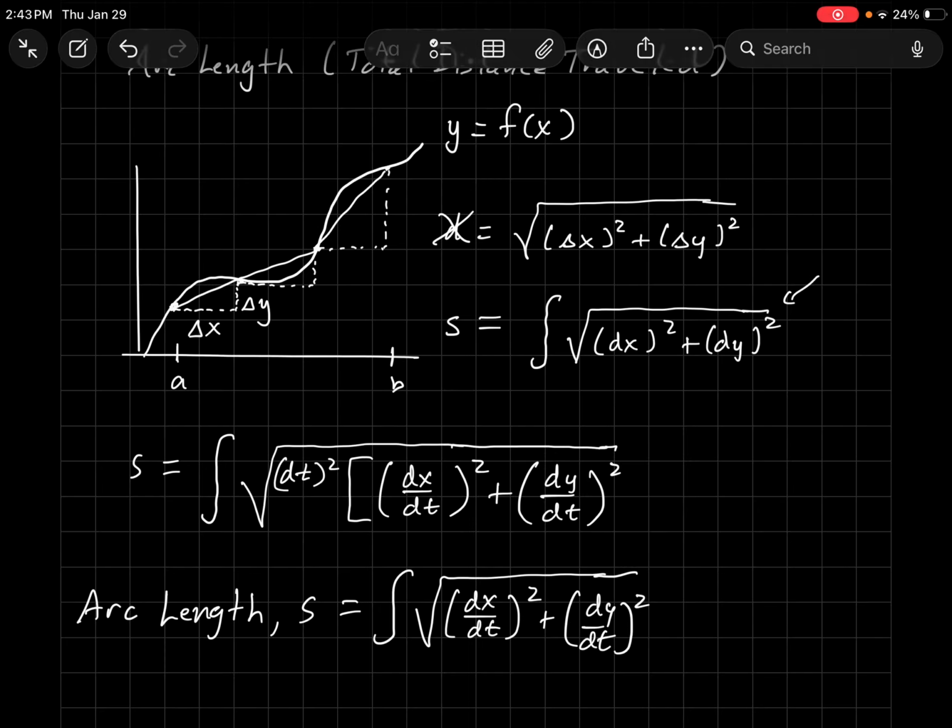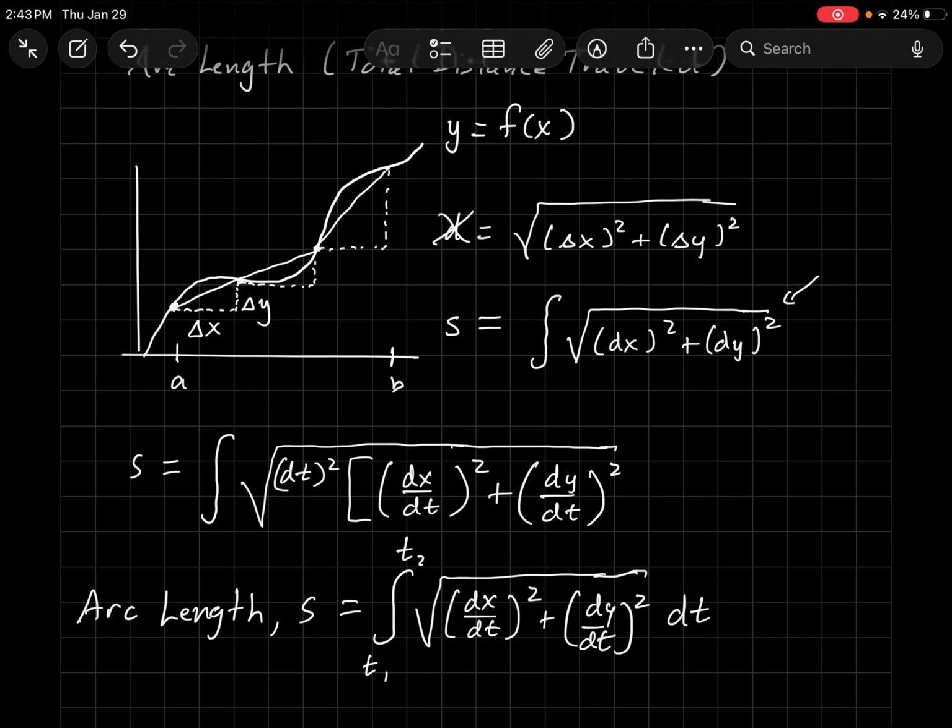And then I can factor out or pull a single dt out of the square root. And that gives me the arc length formula.